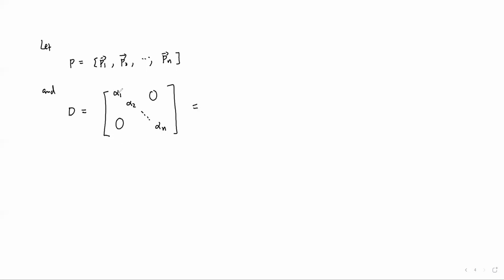The first column, alpha 1, 0, 0, 0, 0, 0, I denote the column by D1. The second column, 0, alpha 2, 0, 0, 0, 0, denote it by D2, and so on, Dn.